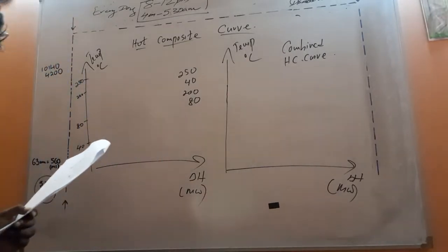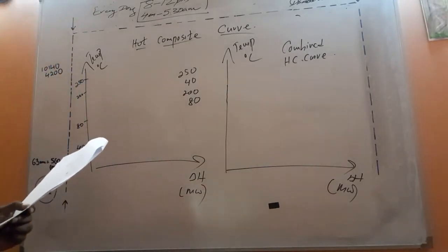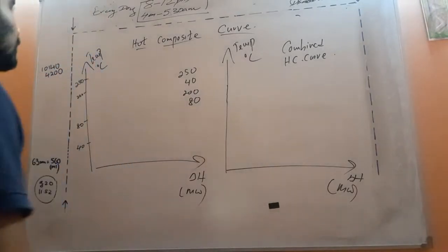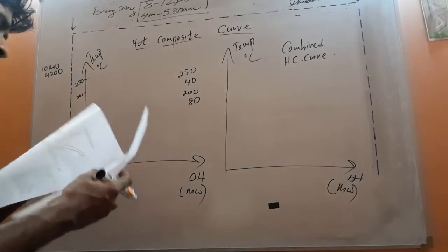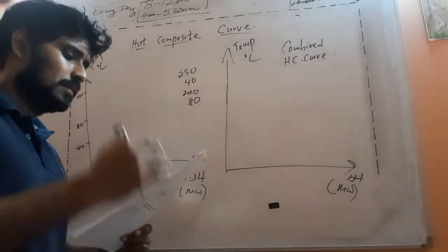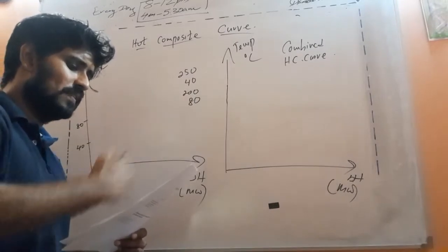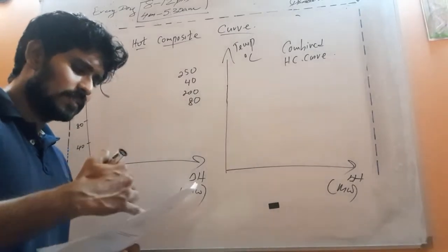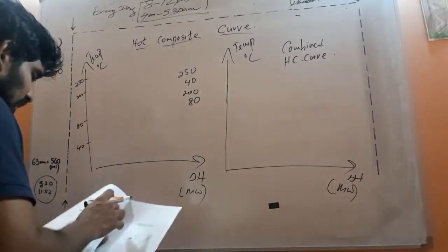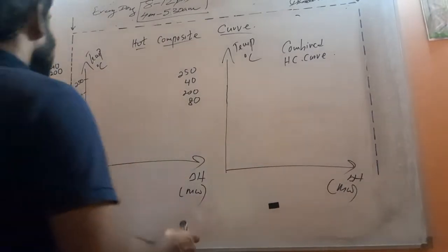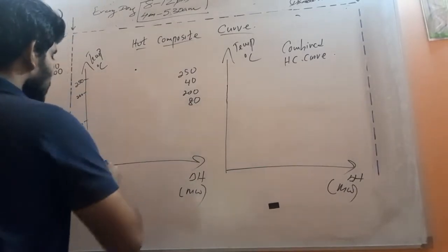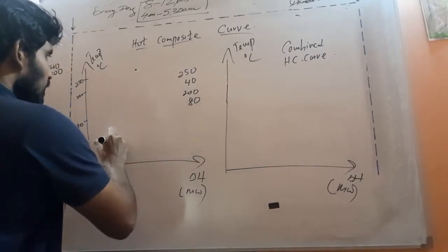Now let's see how to sketch that. What is the very first thing that you can do here? The first hot profile is supply 250 targeted to 40.